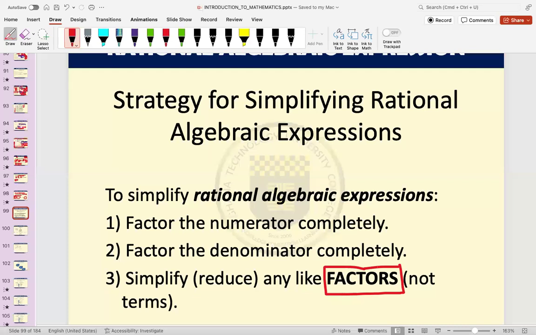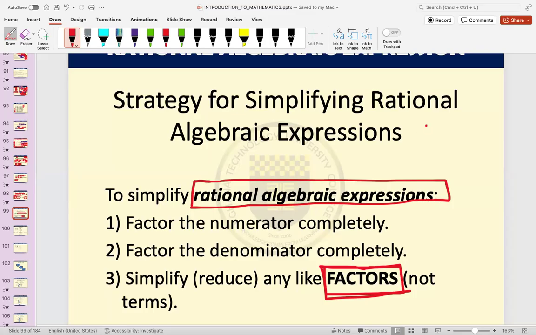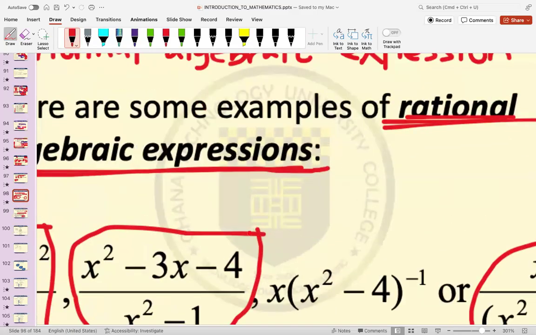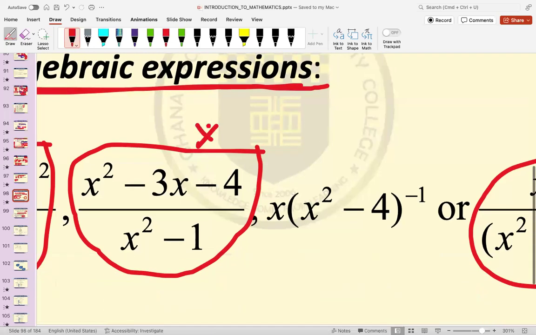Just as we have learned this morning, we need to be able to learn how to put rational algebraic expressions into factors. Into factors means that we need to be able to package them in curved brackets like this. If we don't package them and they look something like this, they look a bit scary.